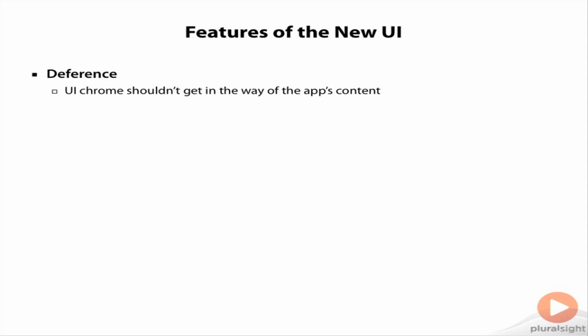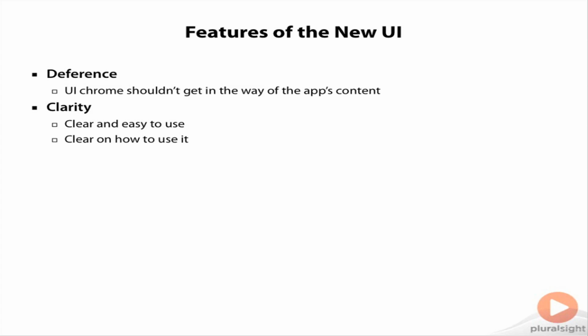That doesn't necessarily mean lots and lots of content, busy content, but to get the OS and its accoutrement out of the way of the content. Also, clarity. Things should be easy to use. It should be clear about what the app is about and clear on how to use it.